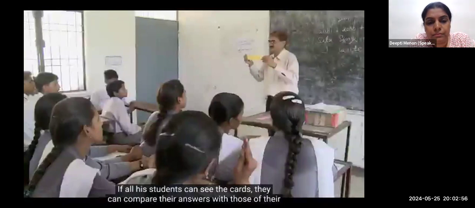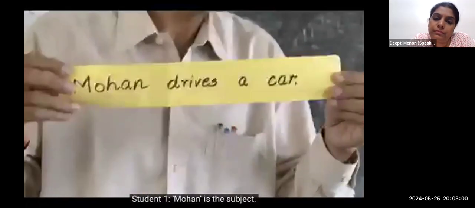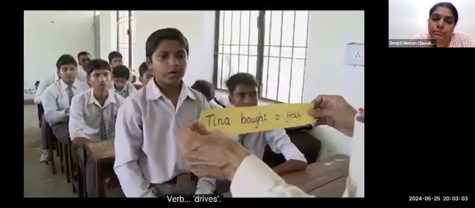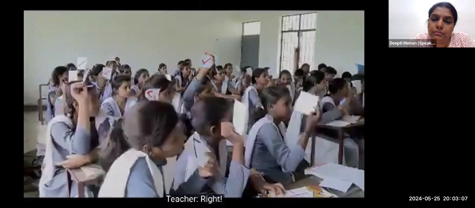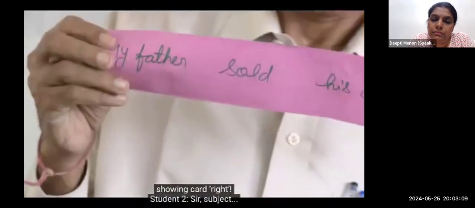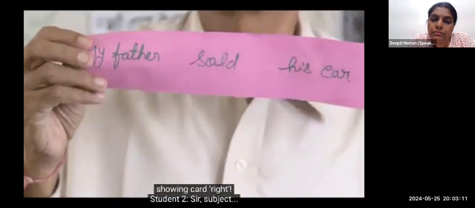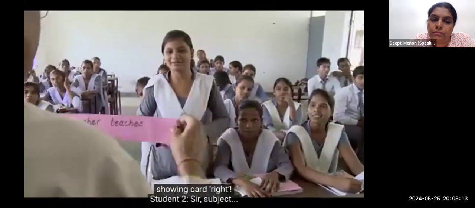They can compare their answers with those of their peers. Yes, Ansha? Mohan is a subject, verb drives, object. Right. Mostly students are showing the card right. My father is the subject. Verb, sold. His car, object. Is he right or wrong?